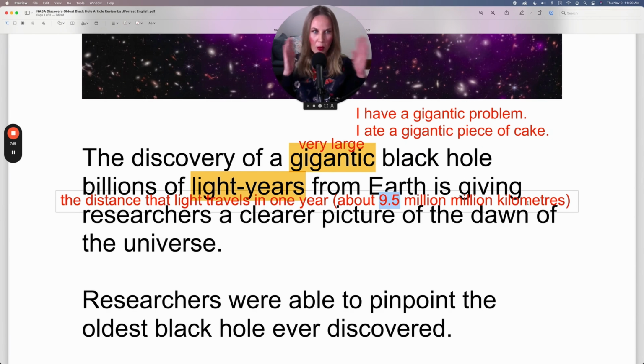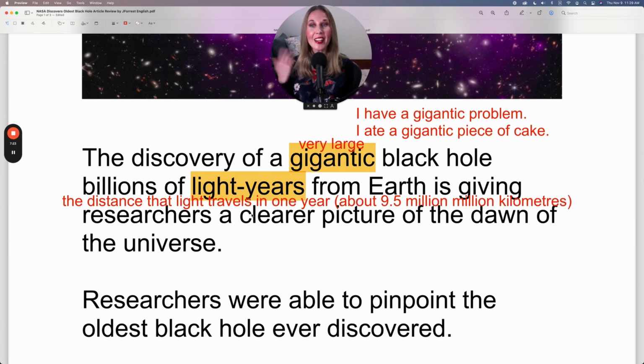I can't even imagine how many kilometers that is. That's a light year. And this is a gigantic black hole, billions of light years. So remember, 1 light year is 9.5 million kilometers. So just imagine how far away billions of light years is. Can't imagine it.